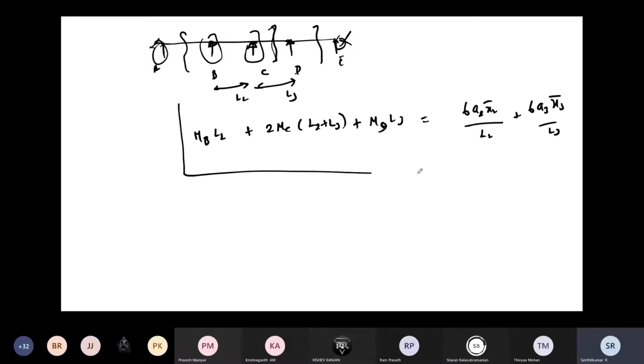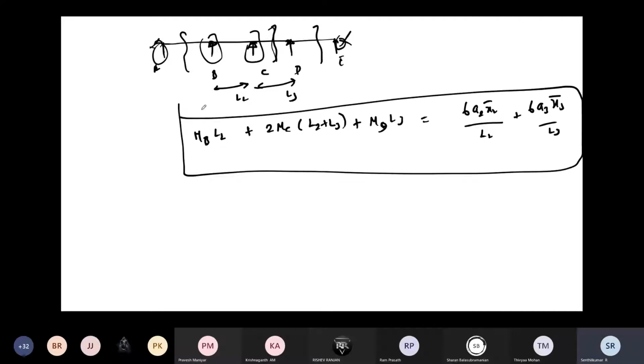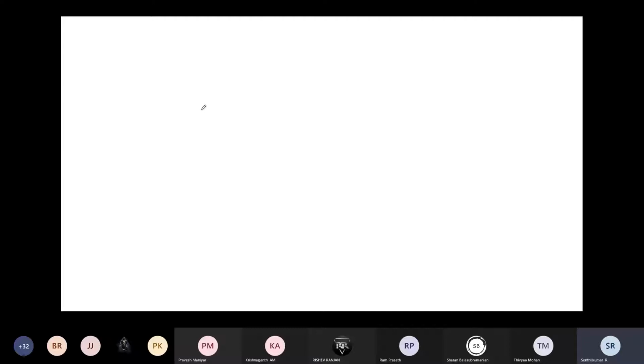This is your equation, right? Hope all of you remember this equation, or else try to remember it, or you can derive it.